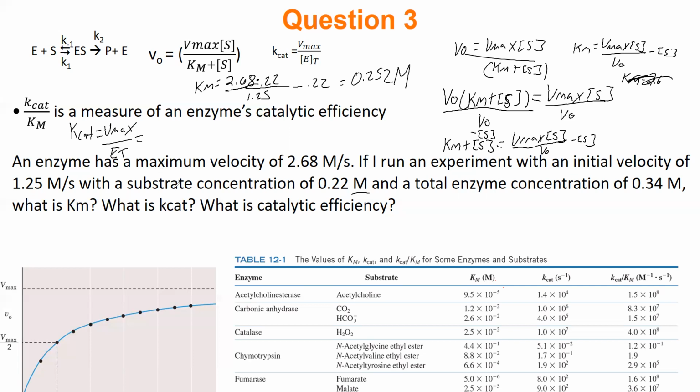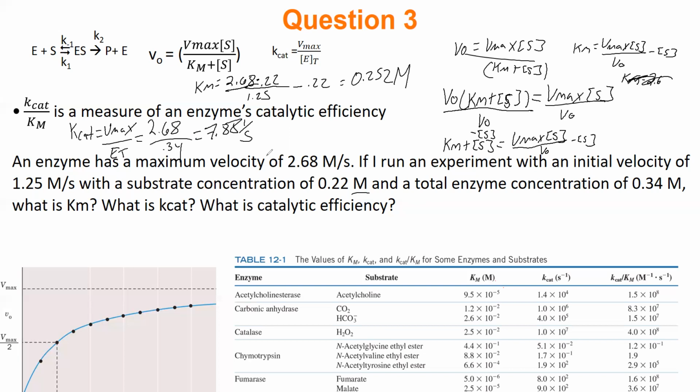Vmax was given. It is 2.68. The enzyme total in our experiment was 0.34. Again, let me just double check my math here. Yep. So our Kcat is 7.88. And our units are inverse seconds, 1/seconds, weird unit.